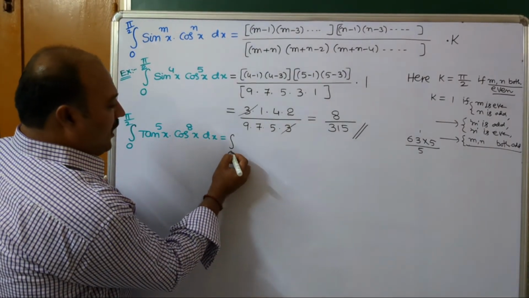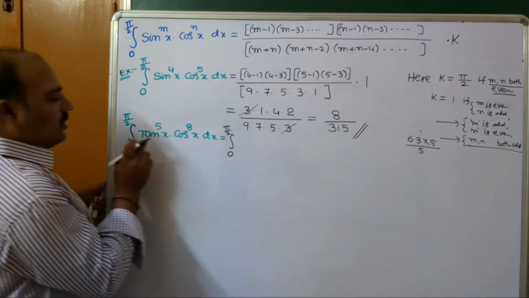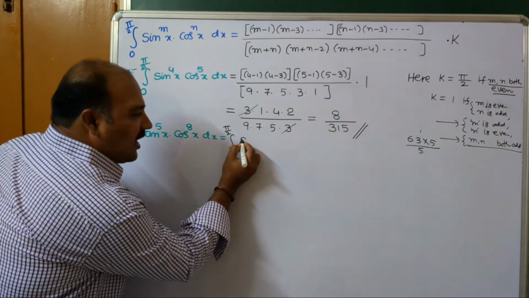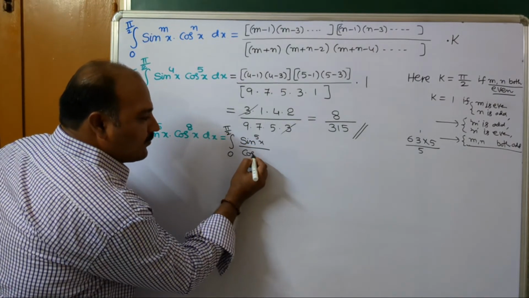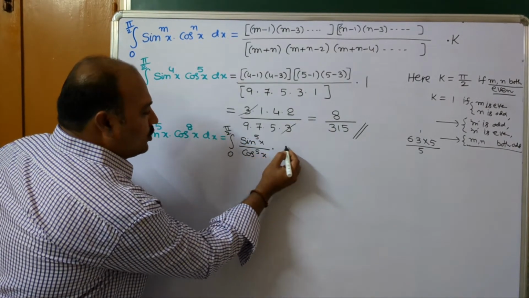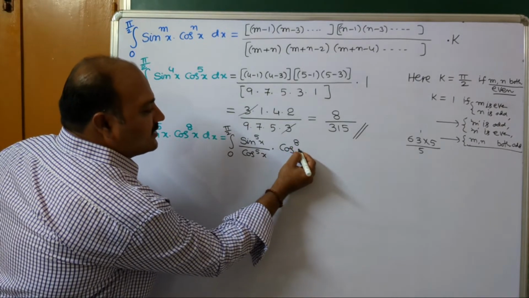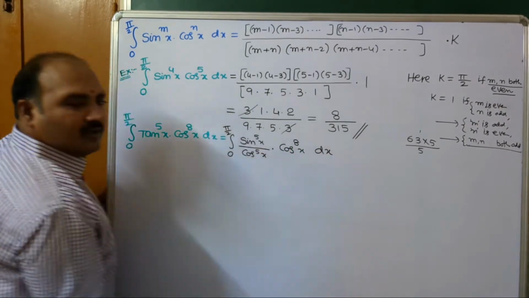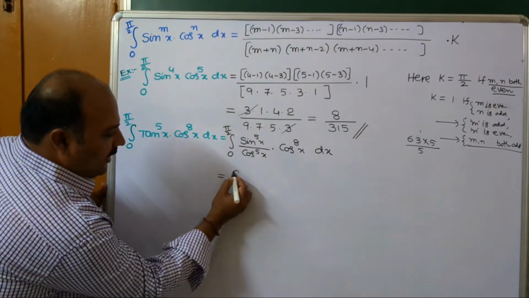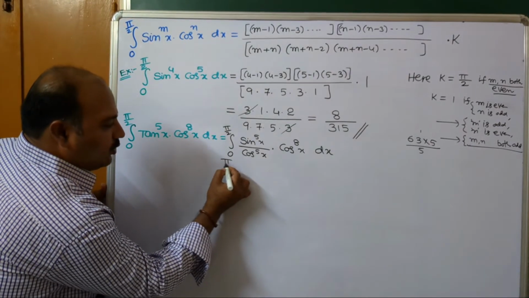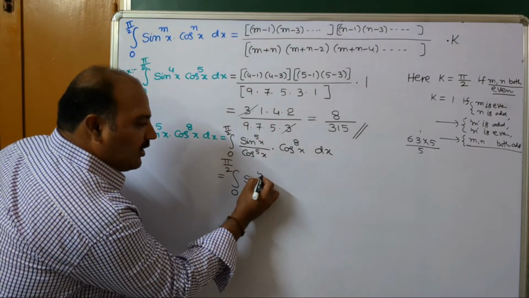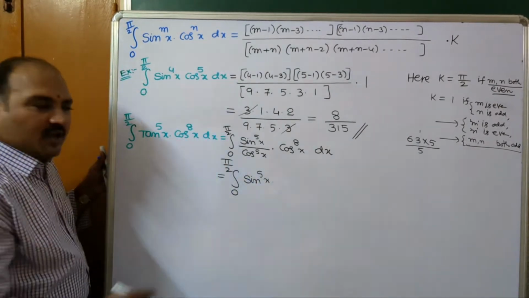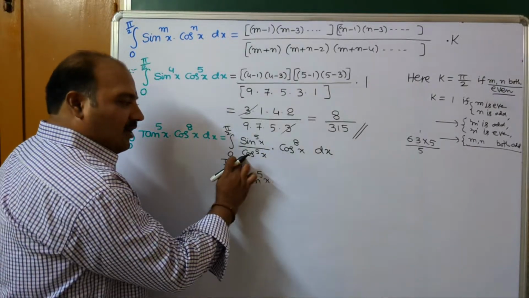Integral 0 to pi by 2, tan power 5x means sin power 5x by cos power 5x. Am I right? Into cos power 8x into dx. So that is equal to integral 0 to pi by 2 sin power 5x as it is, dear students, into cos power 8x over cos power 5x.